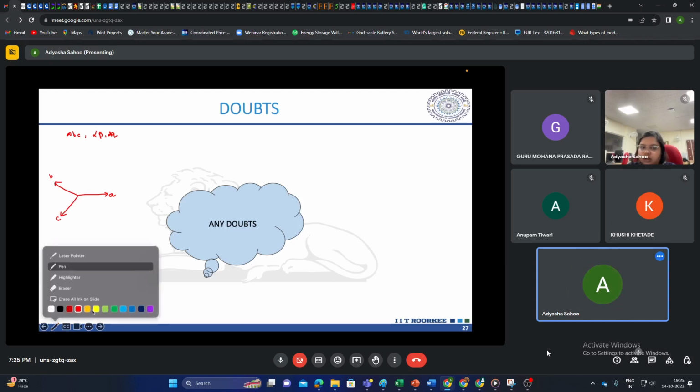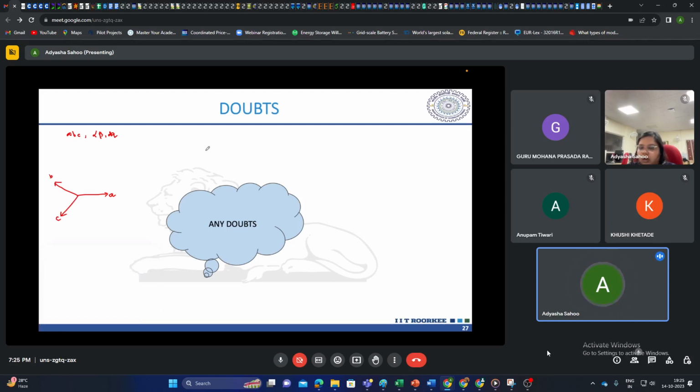When you convert this to alpha beta frame of reference, this is your beta axis and this is your alpha axis.